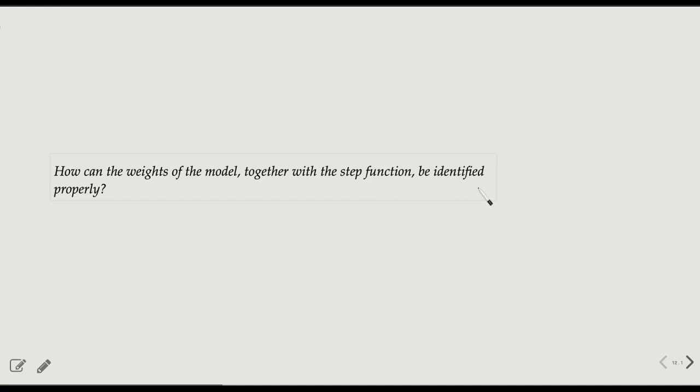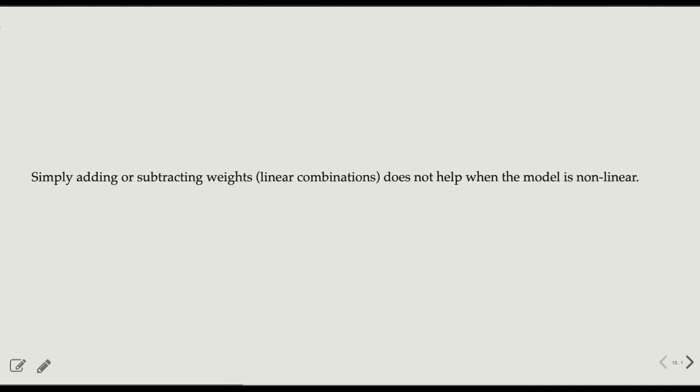But because the model of the multi-layer perceptron is nonlinear, the idea of using this linear strategy for weight adjustment actually turned out to be not applicable. So we need a different strategy here, because simply adding or subtracting weights does not help when the model is nonlinear. So how can we adjust the weights in a nonlinear manner during the training?